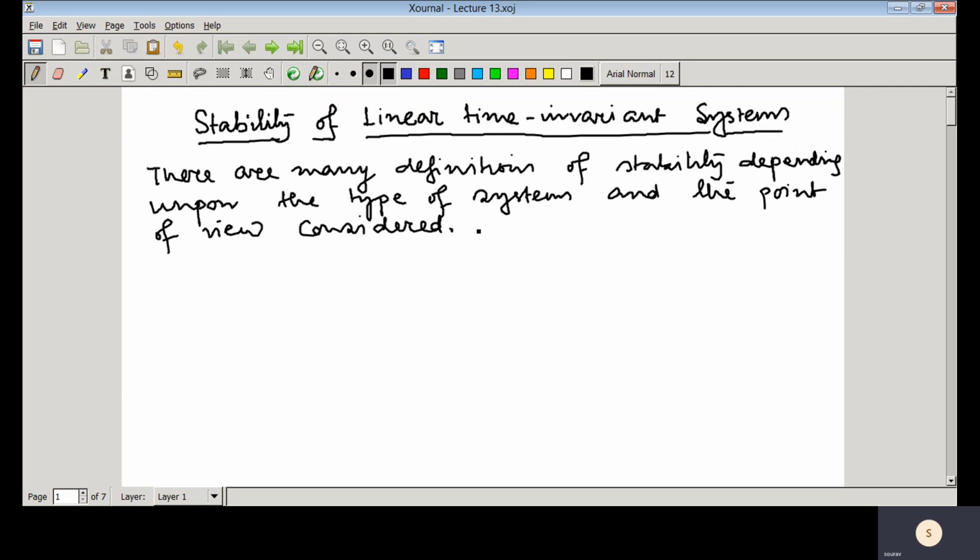In case of a linear time invariant system, the total response is actually the natural response and the forced response. I think you have already studied it in signals and networks, LTI system.